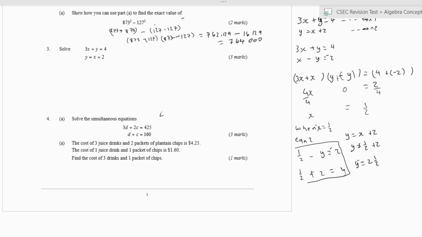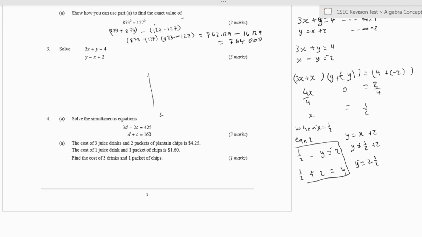All right, we're going to solve this simultaneous equation again. We are given the variables 3D plus 2C is equal to 425, and D plus C is equal to 160. We see we can't really eliminate any variable.